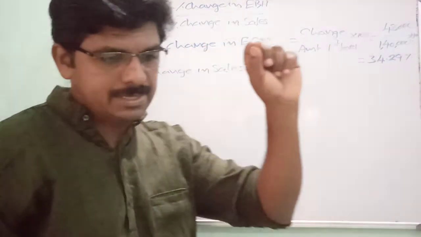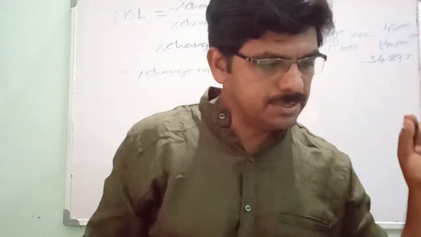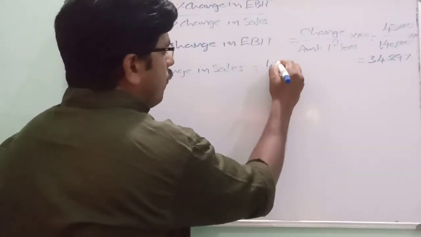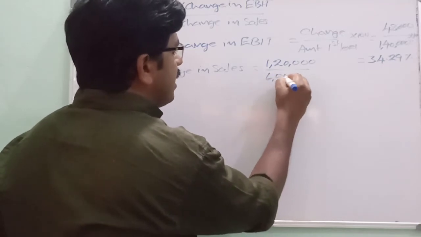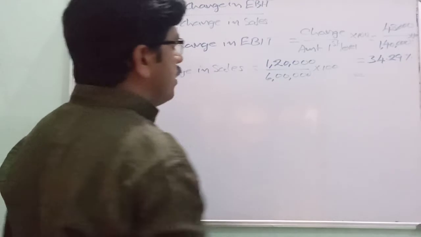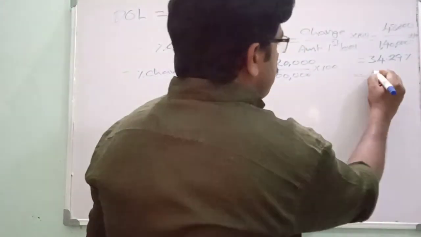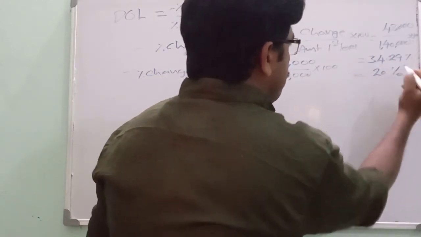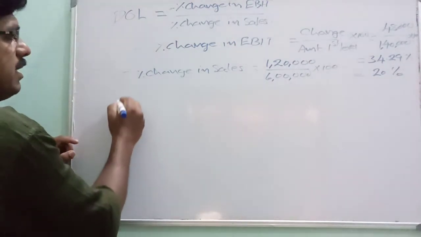Look at sales: sales change from 6 lakh to 7 lakh 20,000, a change of 1,20,000. 1,20,000 divided by the base, the first sales of 6 lakh, into 100, is equal to 20%. So this is the percentage change in sales.